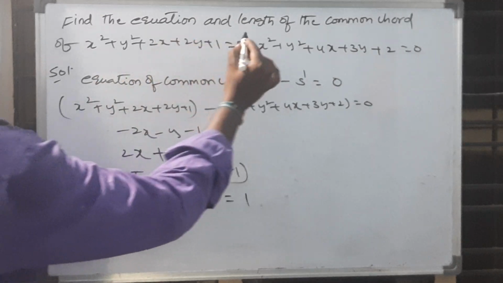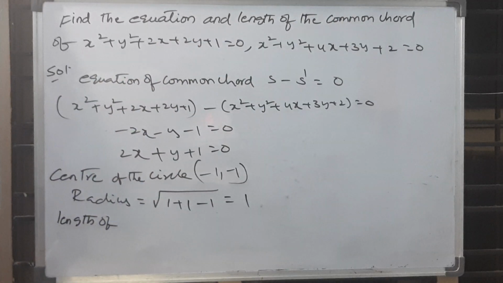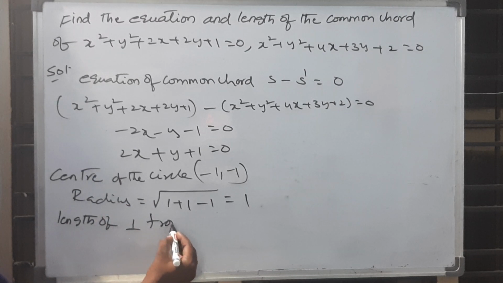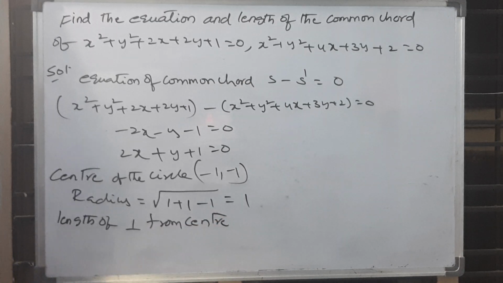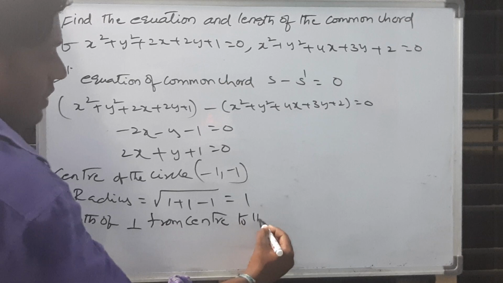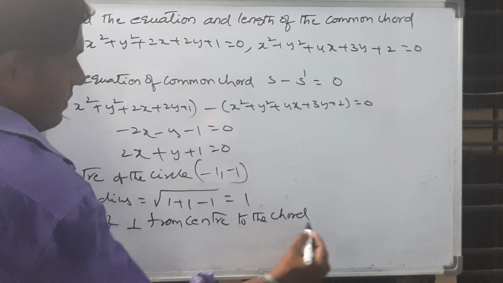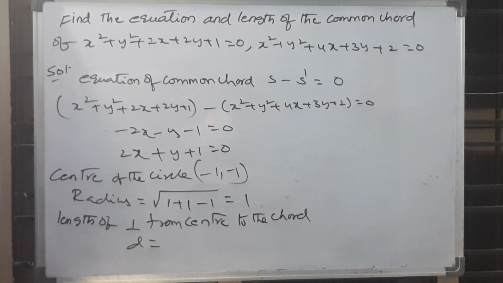Next, what we have to find? Length of the common chord. So the length of perpendicular from center to the chord is d equals ax1 plus by1 plus c by square root of a square plus b square.